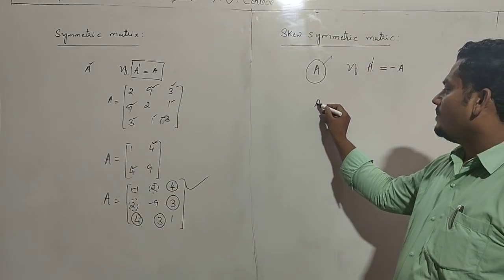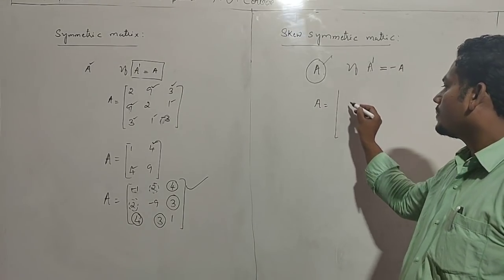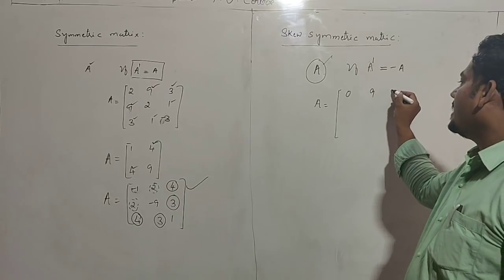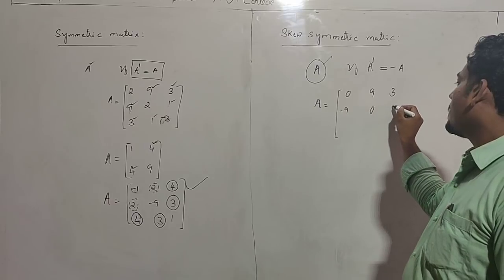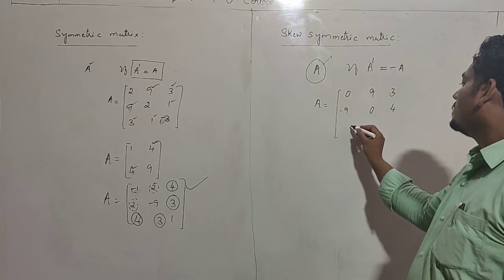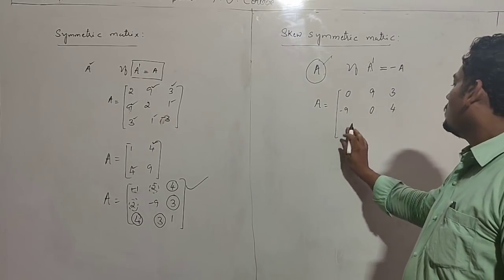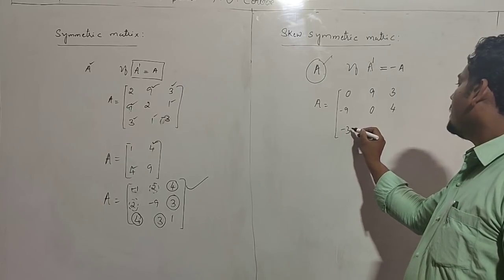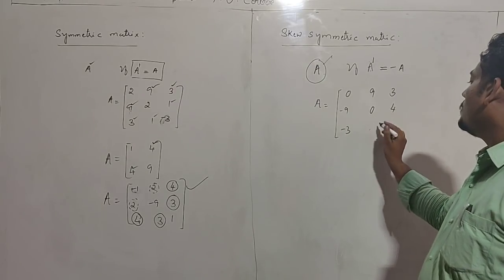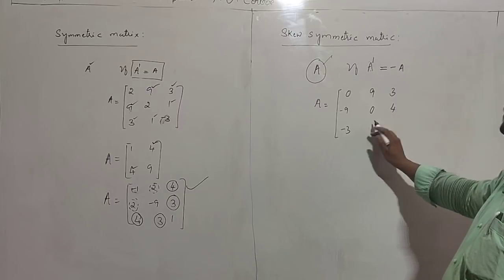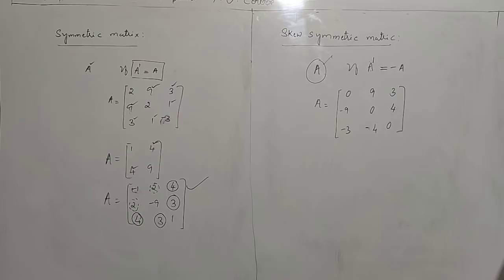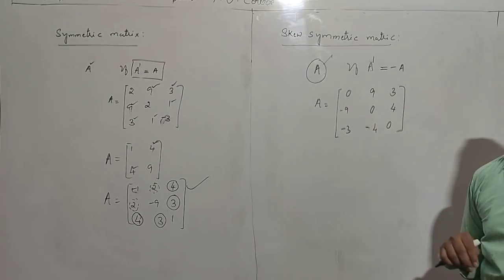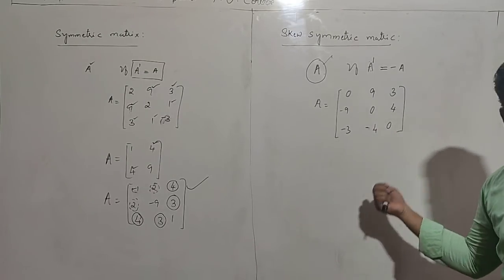I will write one example. 0 9 3, minus 9 0 plus 4, minus 3 minus 4 0. Clearly it is a skew symmetric matrix.